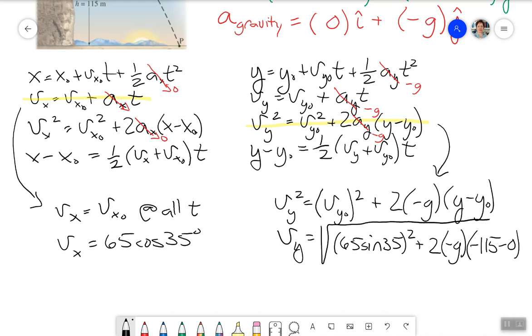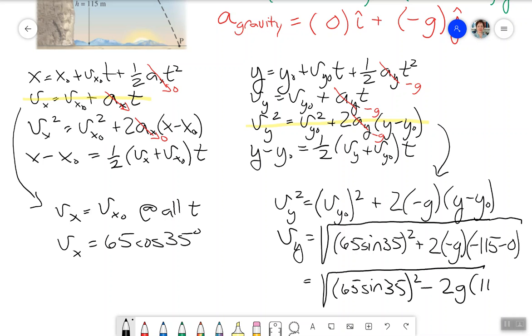And that we simplified a little bit. So we'll do the square root of 65 sine of 35 squared minus 2 times g times 115.